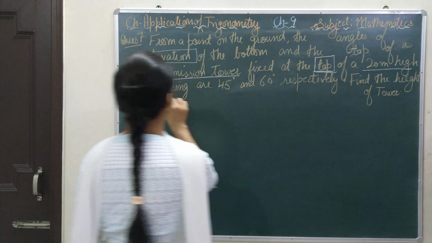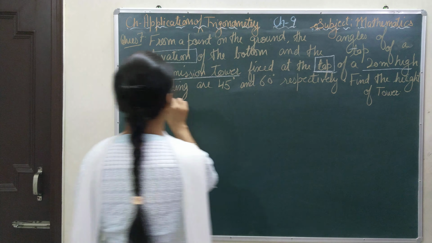So here is the bottom, and you will join this with this point. And as you are given, these angles are 45 degrees and 60 degrees respectively. That means for the bottom of the tower, the angle of elevation is 45 degrees, and for the top of that tower, the angle of elevation is 60 degrees.